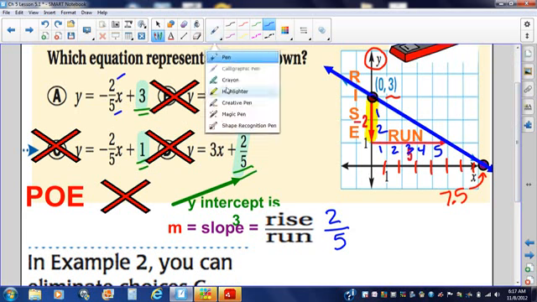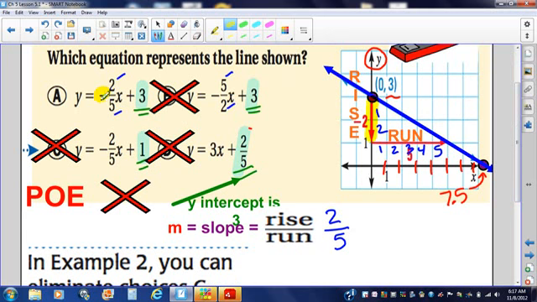Notice, peeps, this is a negative. I'm thinking that this is a negative slope. Mr. Phillips hates when the roller coaster goes like this. Or you can think of it this way.